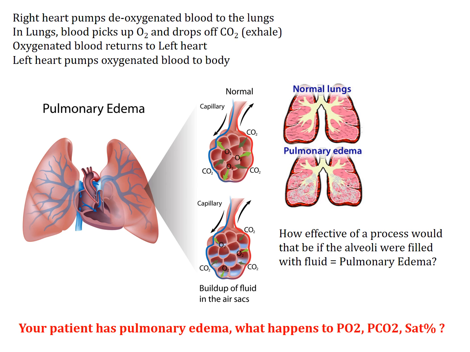And that's not good for diffusion of gas. If you start putting all this watery fluid inside the alveoli, the problem is going to be diffusion. So what do you think is going to happen to O2 and CO2 and saturation concentrations? That should be a pretty easy question for you to answer.